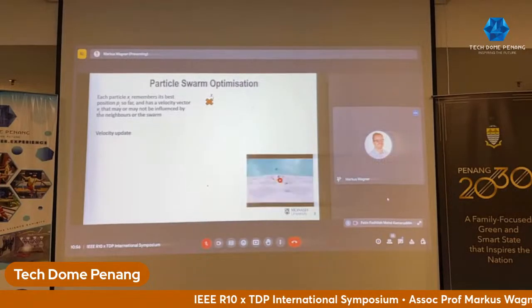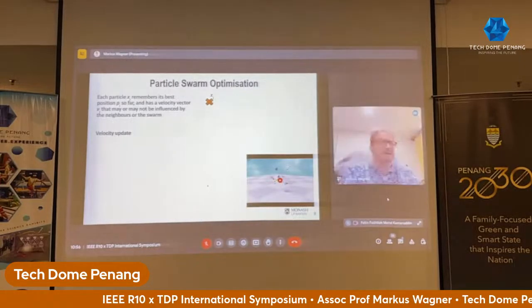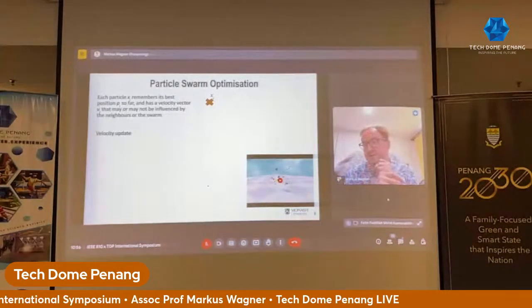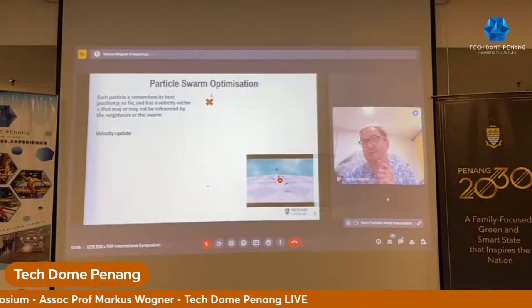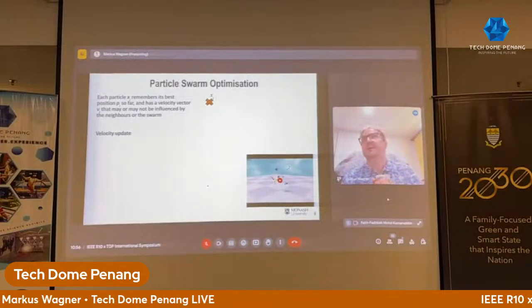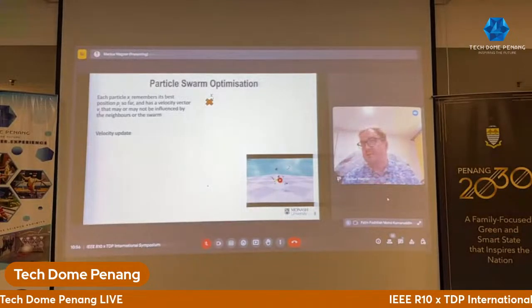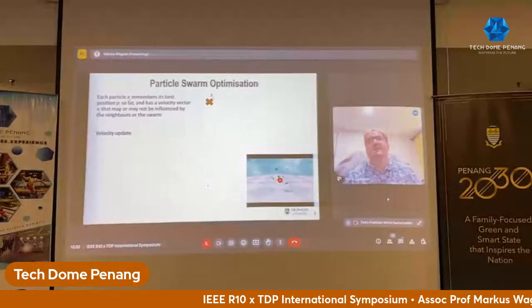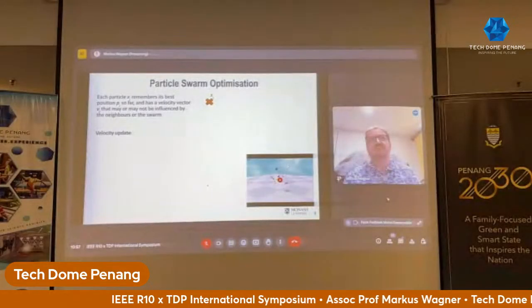Let's just jump very briefly into another paradigm that I haven't mentioned here. In the swarm intelligence space, you've got concepts like ant colony optimization, particle swarm optimization, and many others. In particle swarm optimization, just like with the ants, you also have no central control.